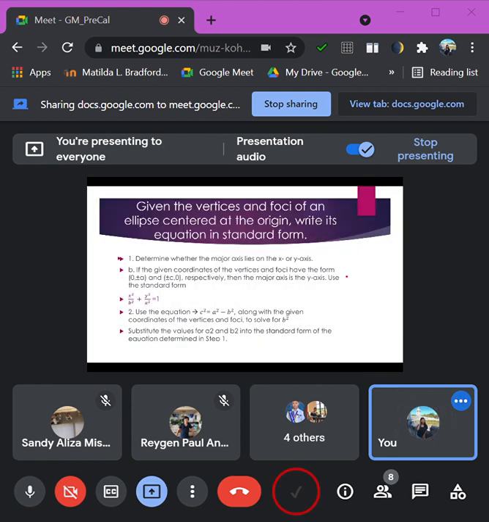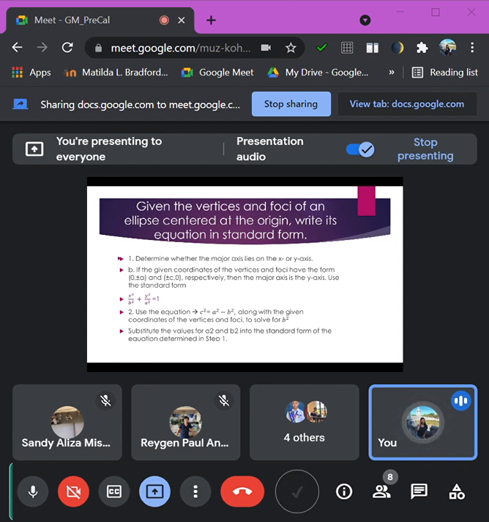Now, this time is mao nasad ni siya ang atong steps. If we are given vertices and foci, and then naa ang center sa origin, and then atong i-write ang iyang standard form. So actually the same procedure ra gyud siya class. Ang changes ra gyud is asa nato ibutang ang atong b, asa nato ibutang atong a, sa adto ba sa ato ang x or adto ba sa atong y.